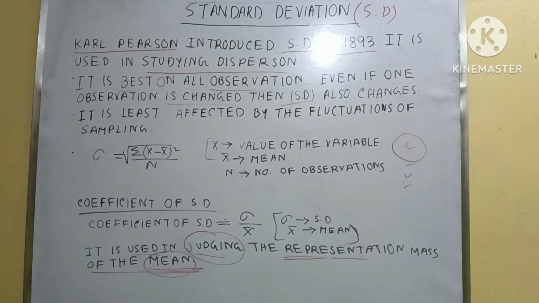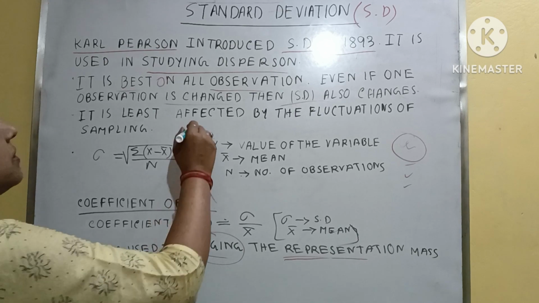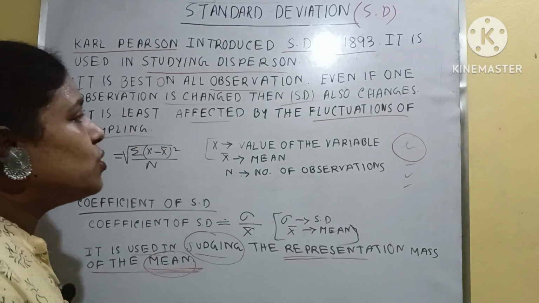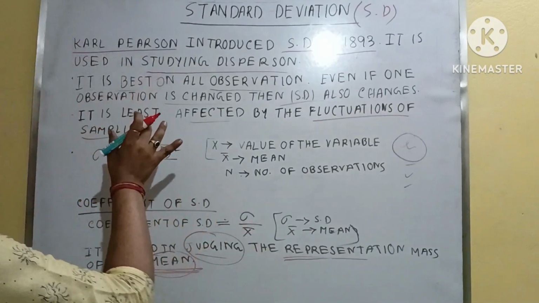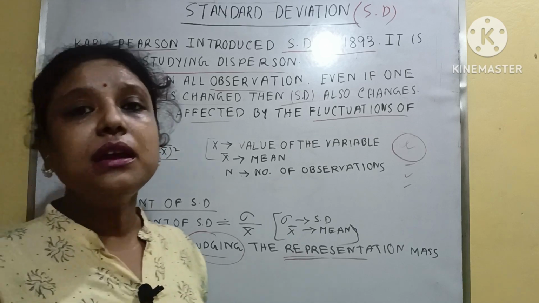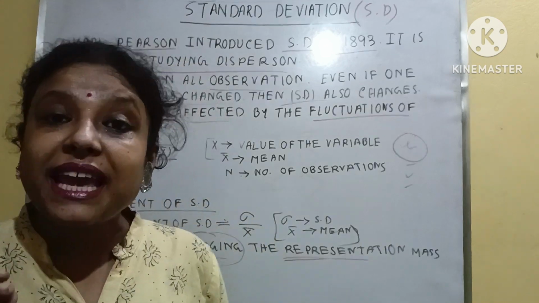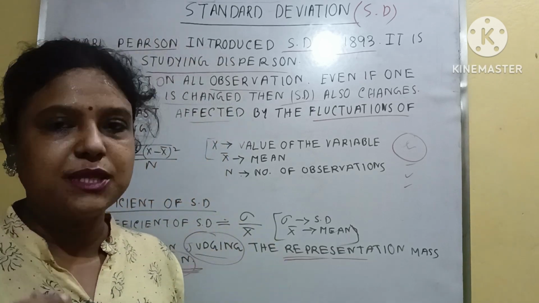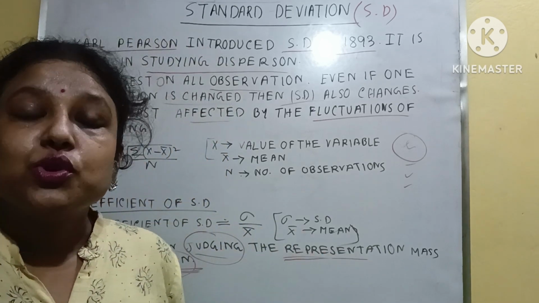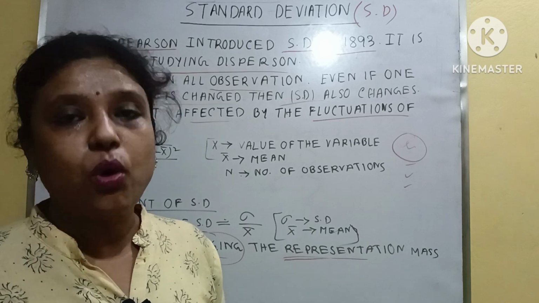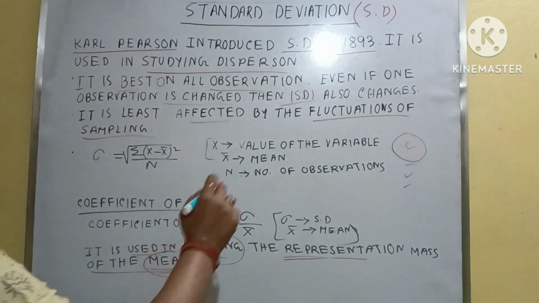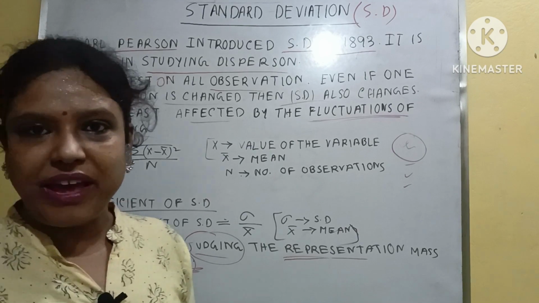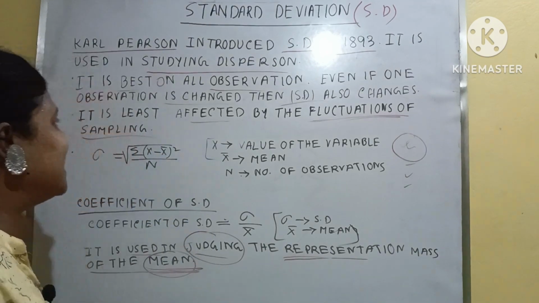It is also the least affected by the fluctuations of sampling. Generally SD is not affected easily by error, but standard error is there, I will explain that after. So fluctuations of sampling do not create any major impact on SD.